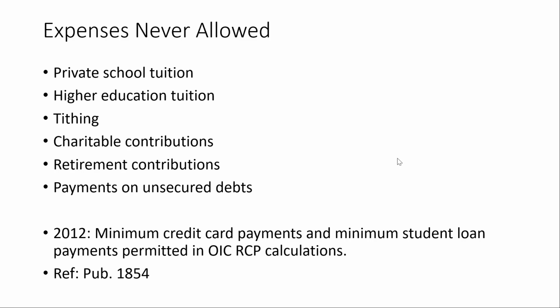However, for any of you that have looked at the offer in compromise Form 433 in 2019 or later, you'll notice that those line items are gone. Okay, that is no longer part of the offer in compromise calculation allowance.